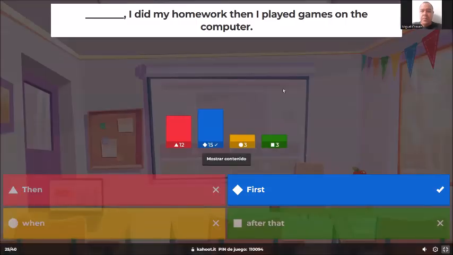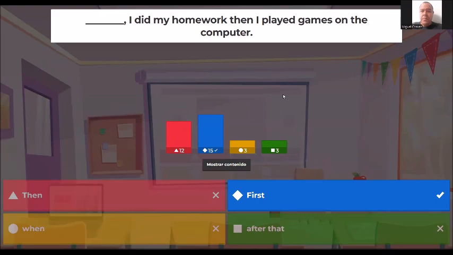Yes, we use first again to complete this sentence. First, I did my homework, then I played games on the computer.